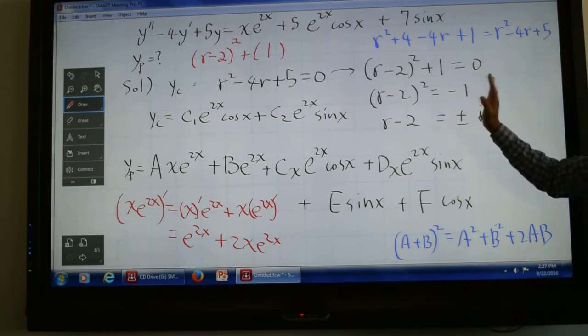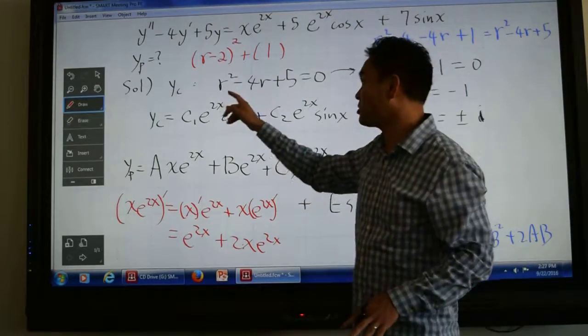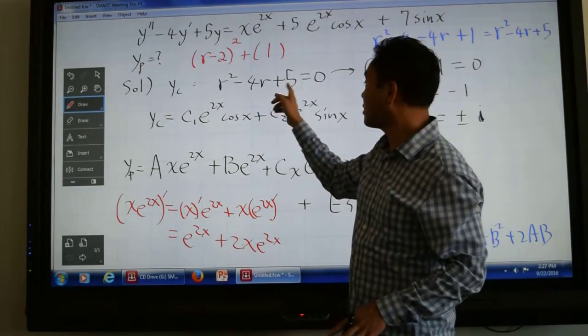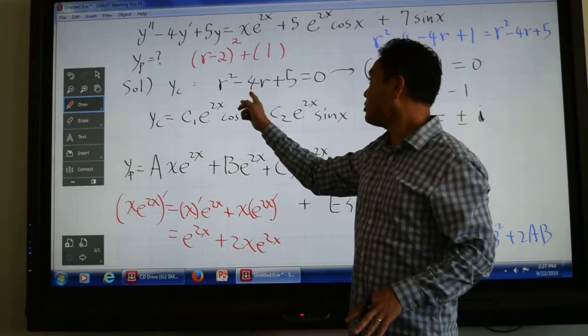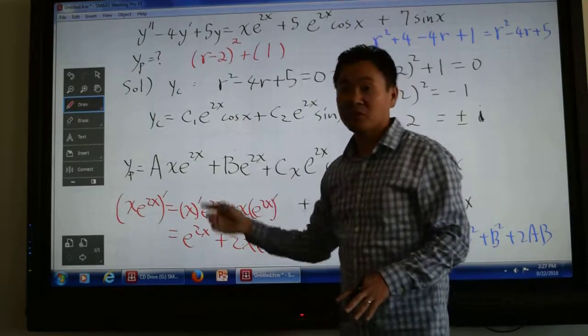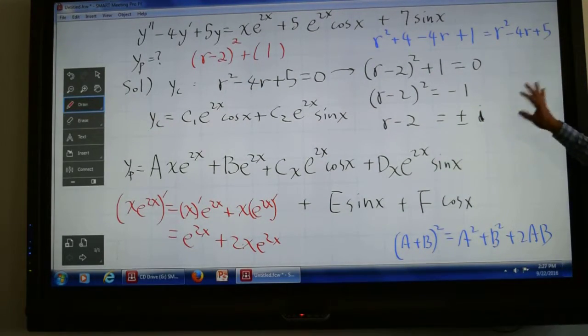The full version is a lot harder, okay? But hopefully we don't have to do the full version. So we're only doing this case when R squared has coefficient 1, and if you have the coefficient of R as an even number, then completing the square is much faster than trying to solve it by using the quadratic formula. So you should try to do it this way.